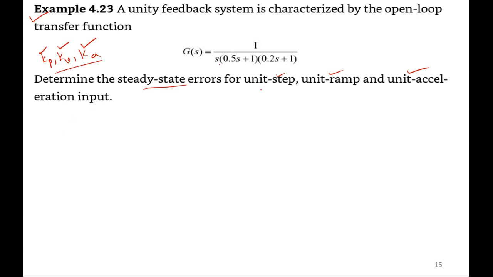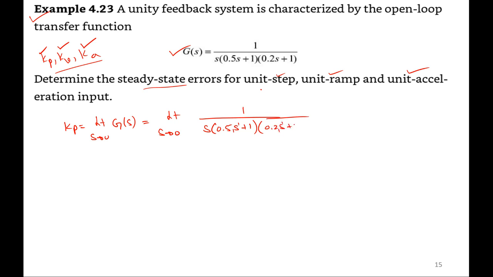So G(s) is given. Find out Kp. You know what Kp is? Limit s tending towards 0 of G(s). G(s) is given, so substitute 1 divided by s(0.5s + 1)(0.2s + 1).